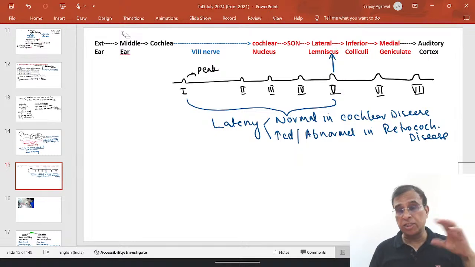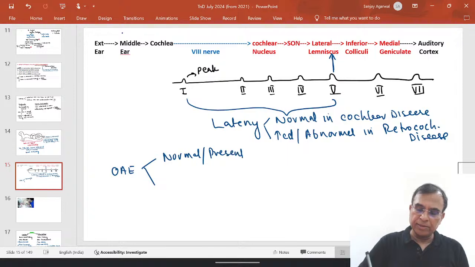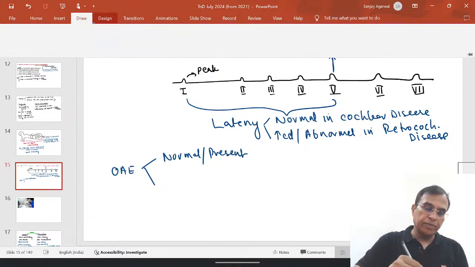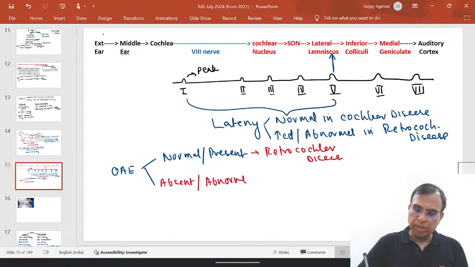So, in choice A this was written. And otoacoustic emission is normal or present in retrocochlear disease, and it is absent or abnormal in a cochlear disease.